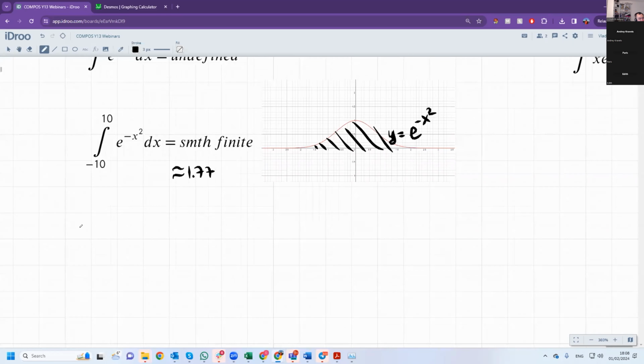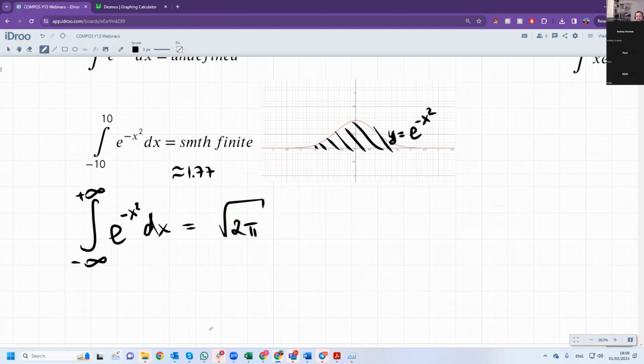And more to that, if you take the same integral but from minus infinity to plus infinity, e to the minus x squared dx, it's going to be equal to square root of 2 pi. By the way, square root of 2 pi should be close to 1.77.